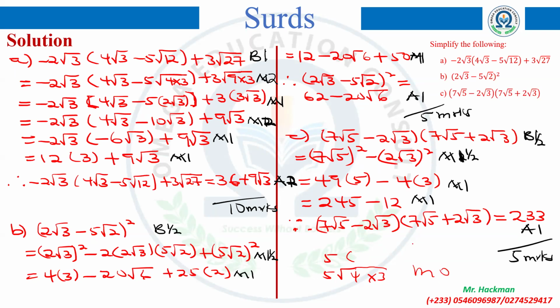Please take note. If you write it this way and don't extend the root to cover, if the square root is covering only the 9 and not the 3, the meaning changes. So it's M0, A0.